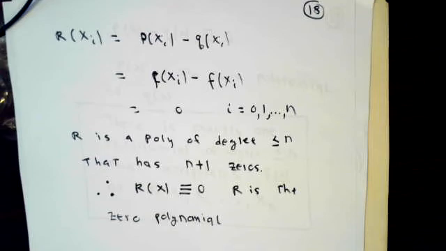The only way out of this contradiction is to say that R has to actually be the 0 polynomial. When I write this, I mean no matter what x is, when you put it into the R function, you get 0 for an answer.